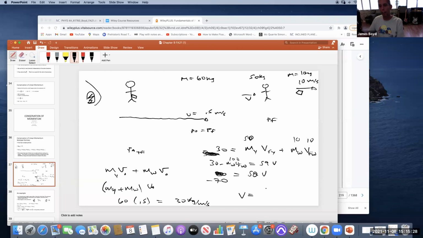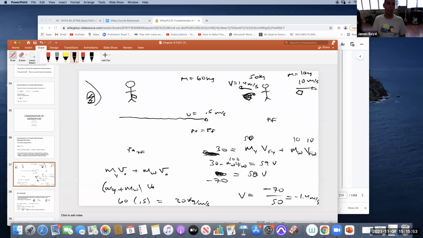So now we get that V is minus 70 over 50, which is minus 1.4 meters per second, which means if that wrench weighed 10 kilograms, your velocity is now 1.4 meters per second to the left.